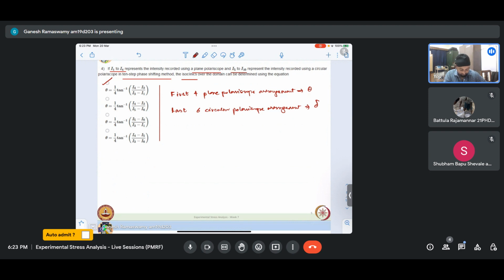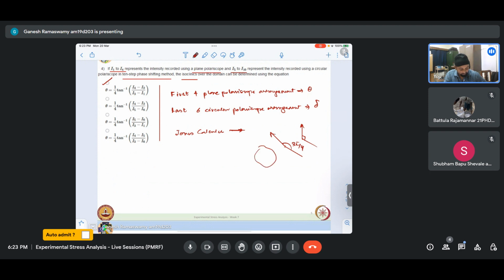Essentially, how this works is that once we do the Jones calculus to get the exit light intensity, let us take the polarizer at 90 degrees, the first quarter wave plate slow axis at, say, 3 pi by 4, and this one at 90.